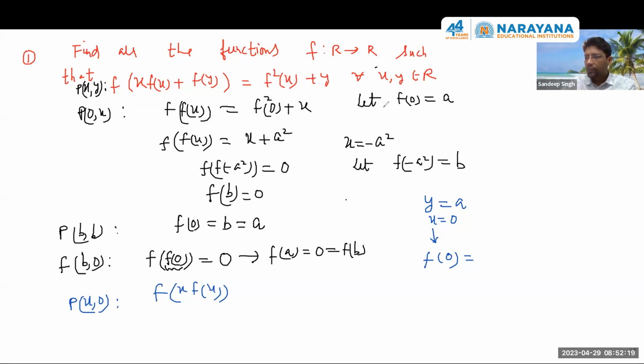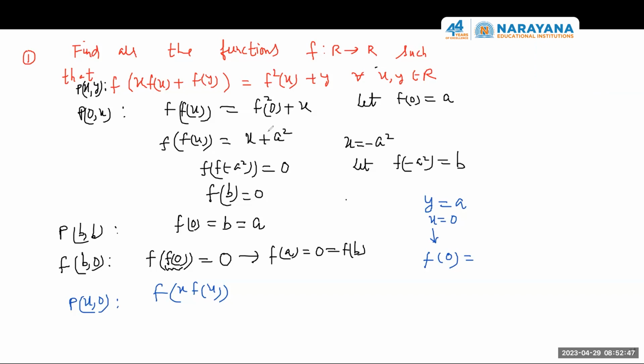You have to tell me that function, because it is written that f of, this is valid for, let me just read the problem once again. In fact, put y equal to b in place of, so f of 0 equal to f of 0 is 0 from here, from the last equation.